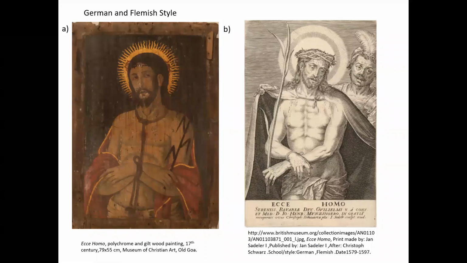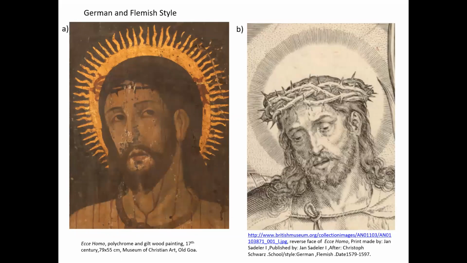But we will also see some resemblances with this Flemish style that we have here. This engraving published by Sadler the first, dated from 1579 to 1797. So we can see those Flemish, German influences in this painting. And this is similar to the influences that the Portuguese have, and also the Spanish, the Iberian people have at this time.